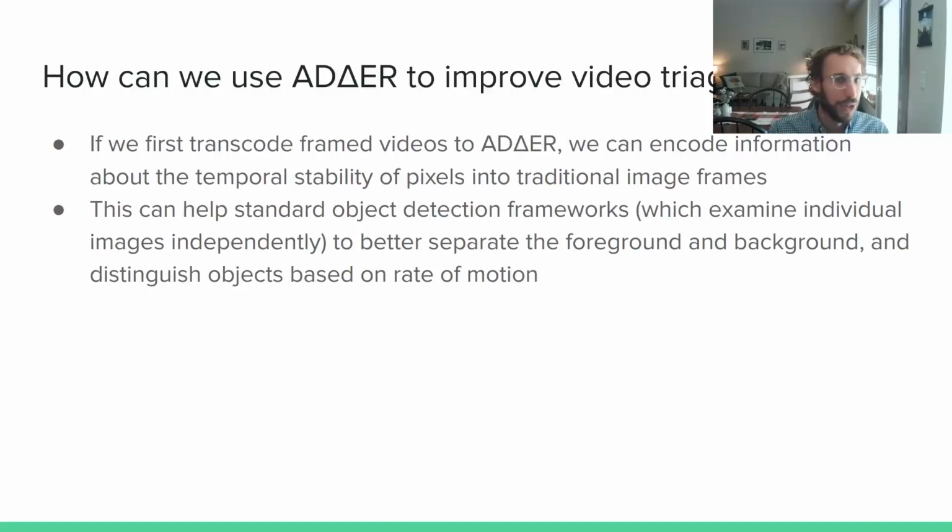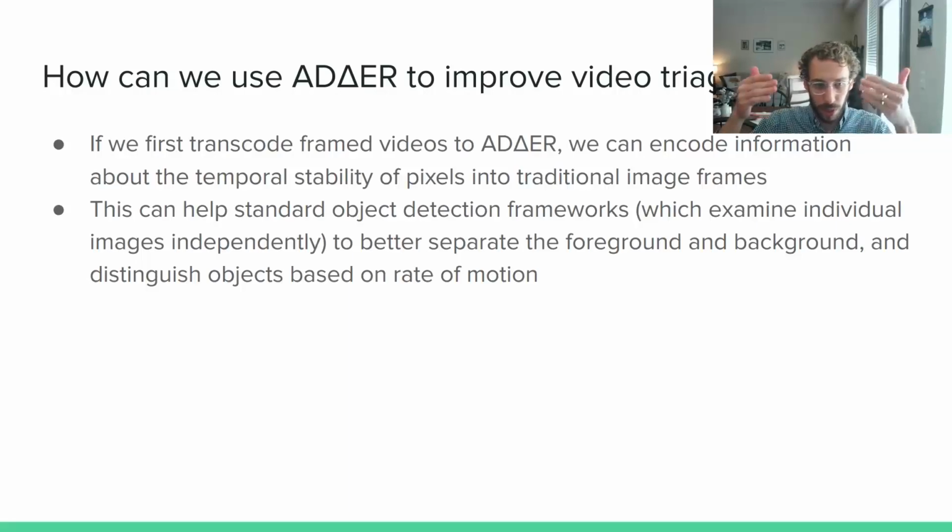So how can we use ADDER, this newfangled video representation that's asynchronous, to improve video triage? Our idea is that if we first transcode regular frame videos to the ADDER representation, then we can encode information about the temporal stability of pixels into traditional image frames. This can help standard object detection frameworks, which typically only look at one image at a time.